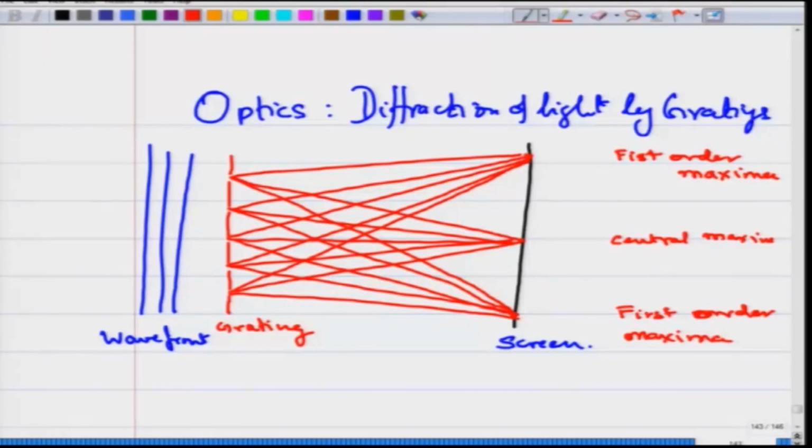So, when the incoming wavefront falls on the diffraction grating, the light gets scattered, and the light which is getting scattered from different slits actually interferes and gives rise to these maximas. This is the central maxima, and there are first order maximas and higher order maximas as you go along.